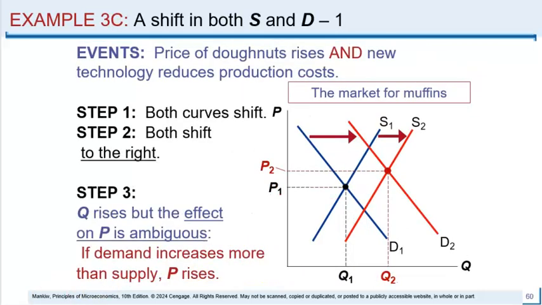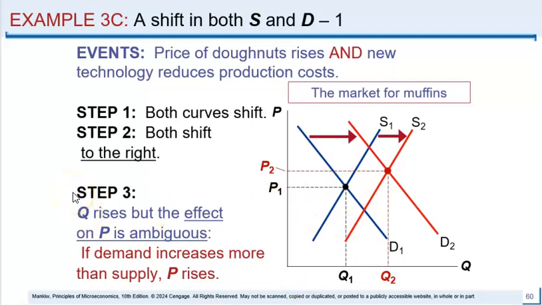Now let's consider two of these shifts happening at the same time. Price of donuts increases and new technology reduces production cost. So both curves would shift, and both shifts are to the right from the original equilibrium point.